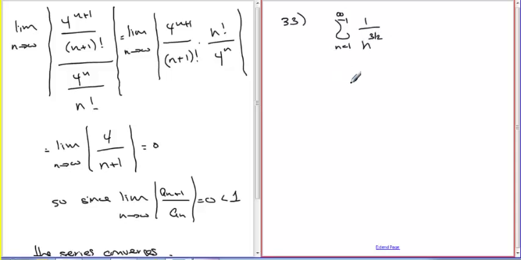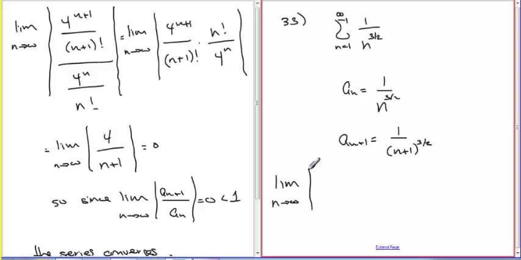So a sub n is just 1 over n to the 3 halves. A sub n plus 1 is 1 over n plus 1 to the 3 halves. So we take the limit as n goes to infinity of the ratio 1 over n plus 1 to the 3 halves divided by 1 over n to the 3 halves.